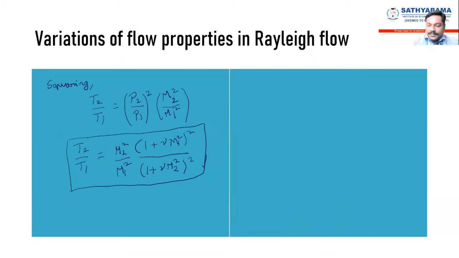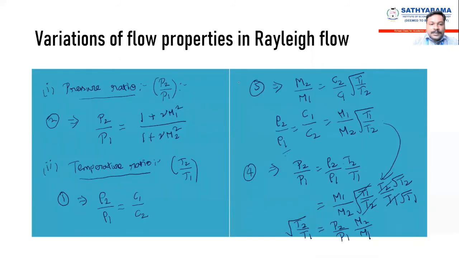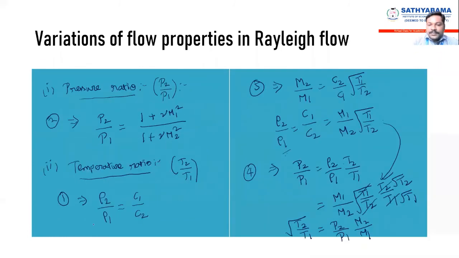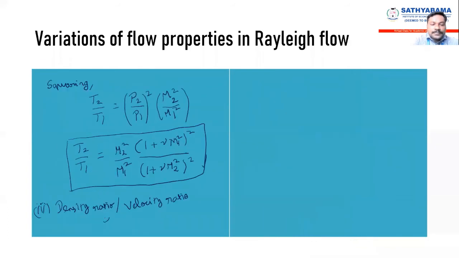We can use the same relation where we can find the value of the density ratio and the velocity ratio. So what is your density ratio? Next, third one, we are going to find the density ratio or velocity ratio. Right? So using this term, rho 2 by rho 1 equal to C1 by C2 equal to M1 by M2.